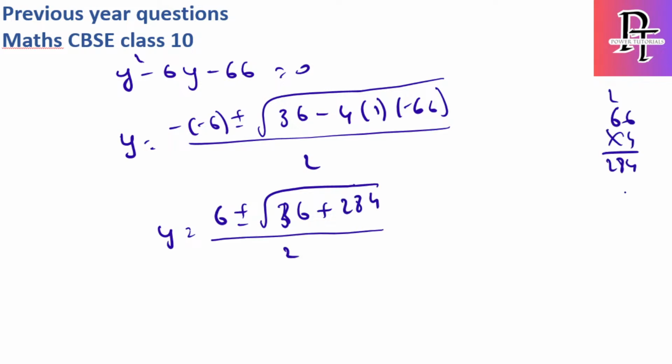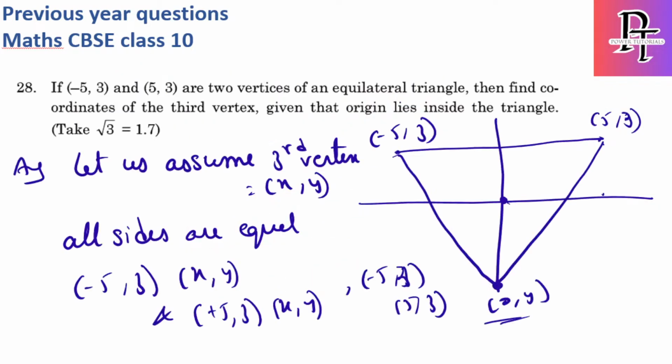So 36 plus 264. So y is equal to 6 plus or minus root over 320 by 2.